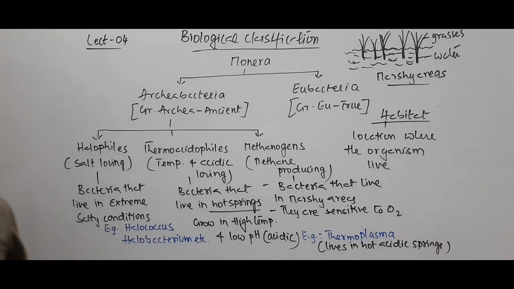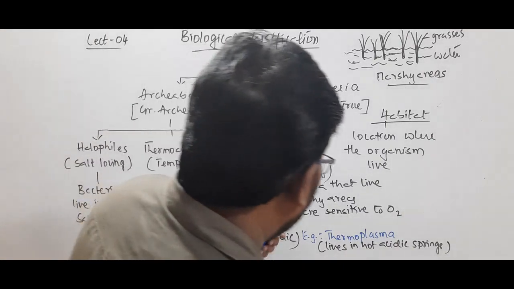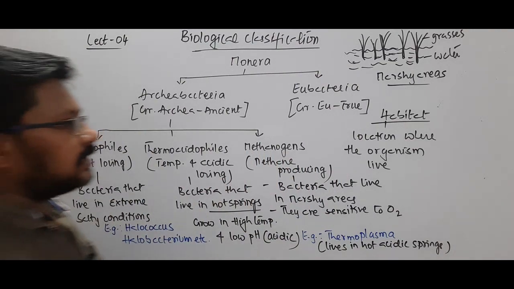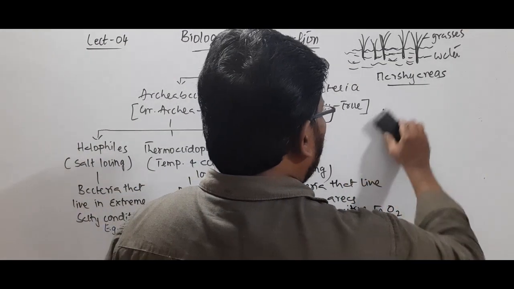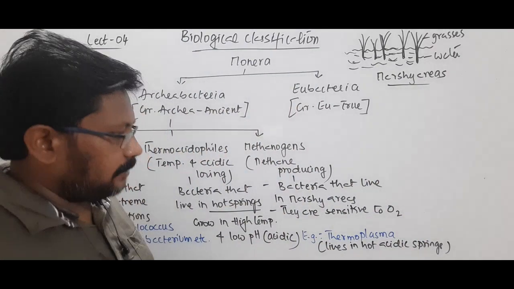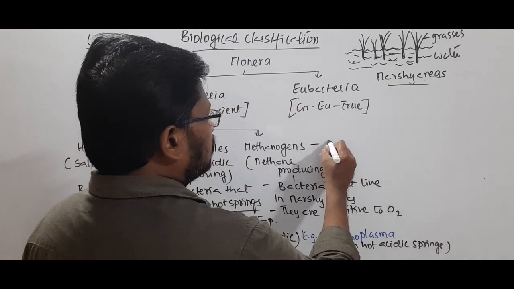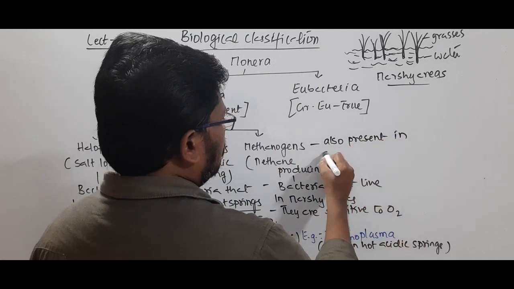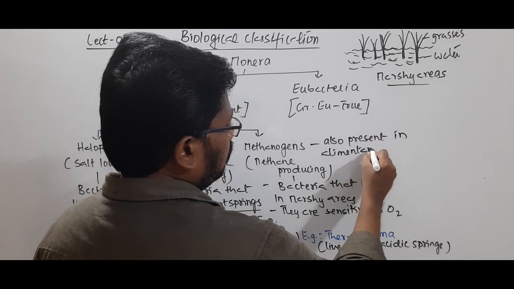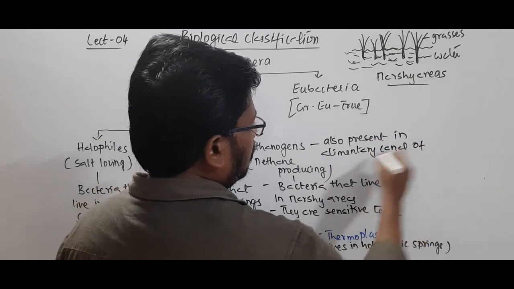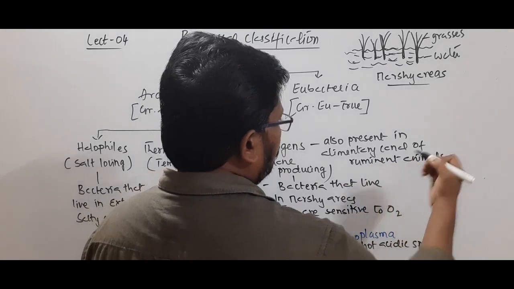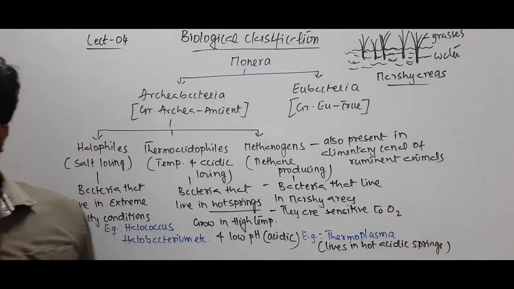Besides lacking that peptidoglycan layer, the methanogens are not only present in marshy areas, they are also present in the alimentary canal of ruminant animals.